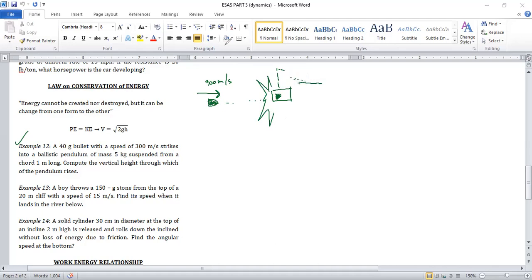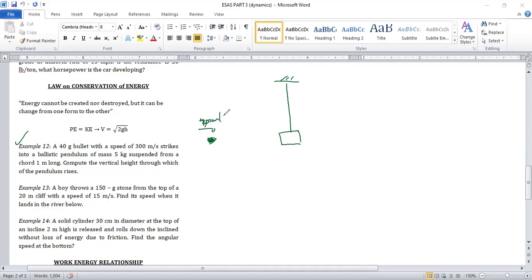Okay, so we'll just redraw it. So there is this bullet, and a pendulum is hung. So this would be traveling at a speed of 300 meters per second. Okay, so the bullet penetrates the pendulum, in such a way that the pendulum rises.